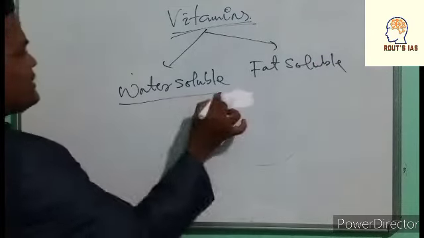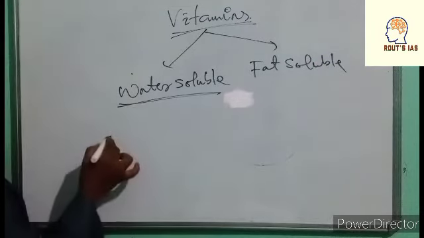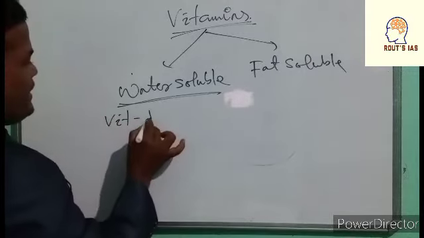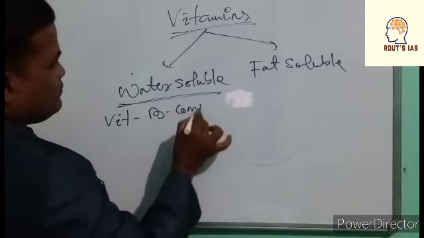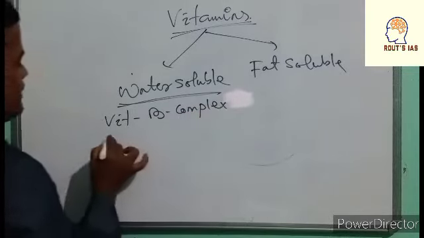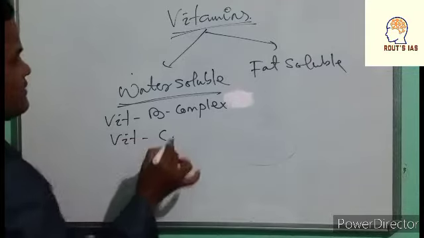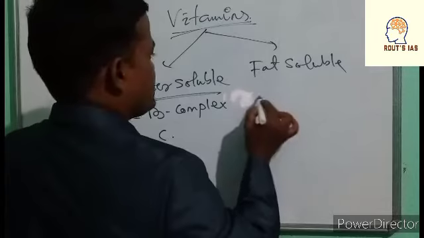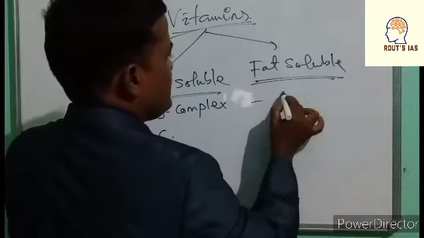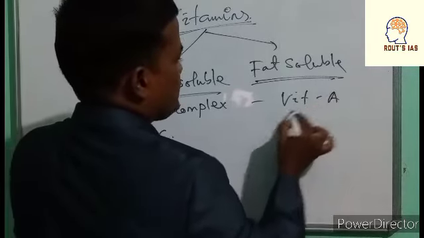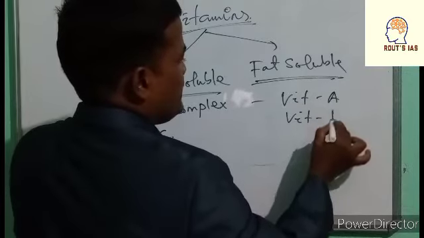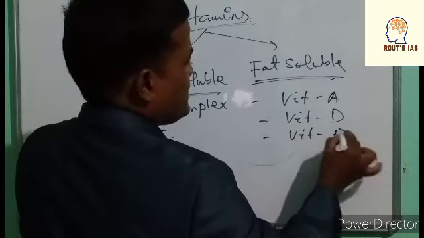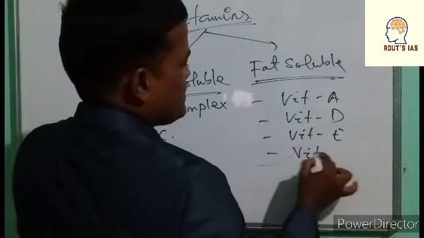The water soluble vitamins are vitamin B complex and vitamin C. And the fat soluble vitamins are vitamin A, vitamin D, vitamin E and vitamin K.